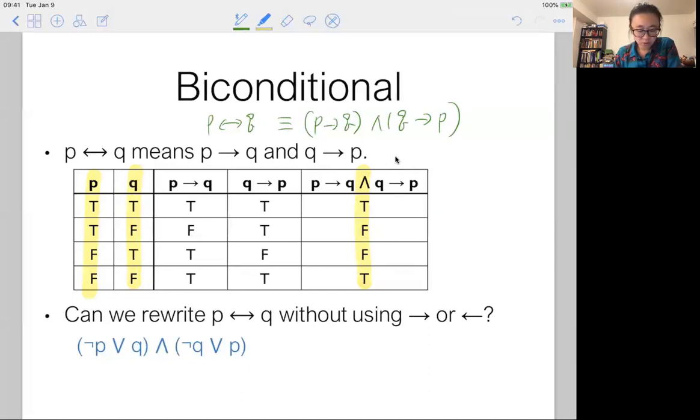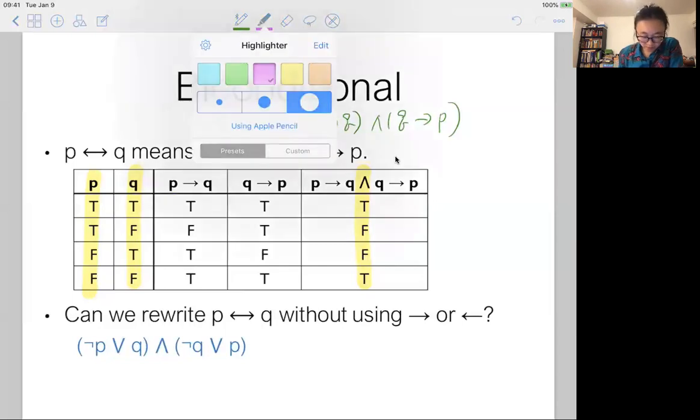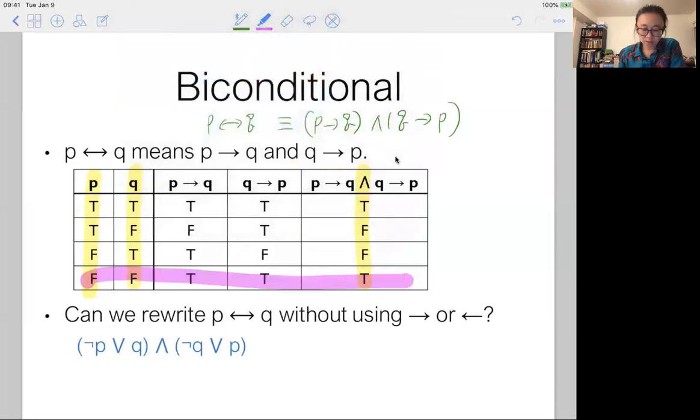If P is true and Q is false, then the biconditional is false. And so on and so forth. It's important to notice the last row. What does this mean? It means if P is false and Q is false, the biconditional is actually true. This is a little bit counterintuitive, but that is the property associated with the biconditional.